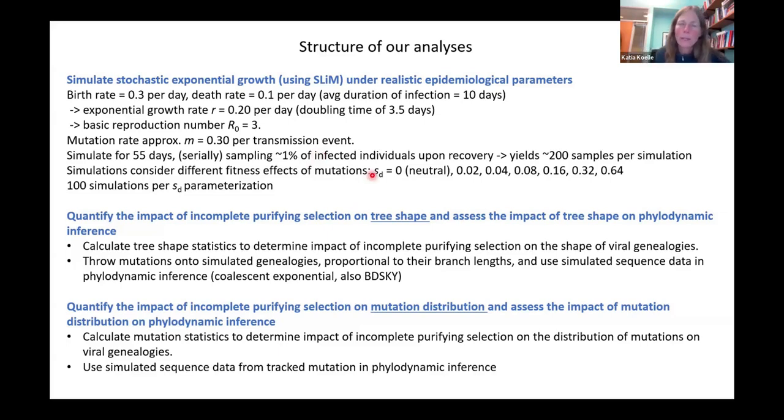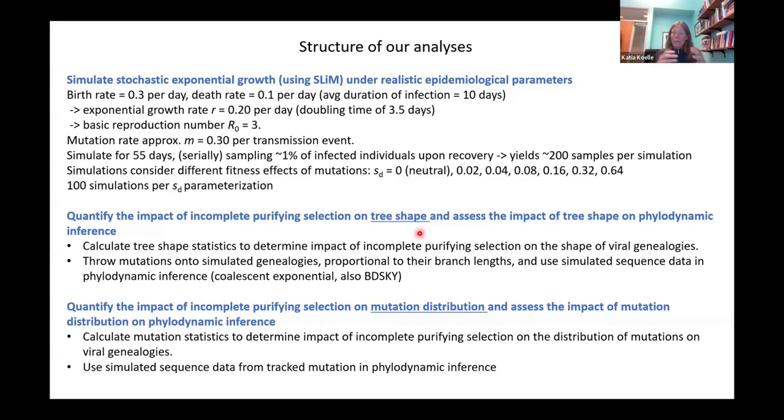Based on those simulated trees, we looked at tree shape statistics, and then used those trees to generate sequences for the phylogenetic inference, distributing mutations on those trees according to just branch length.